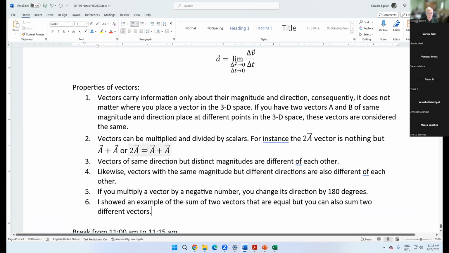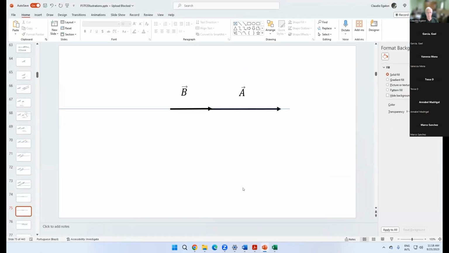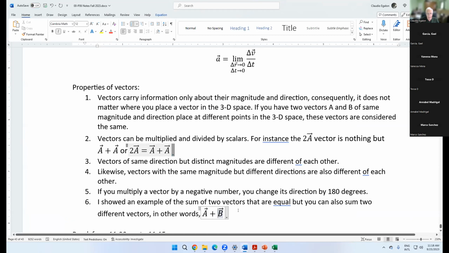You can have A plus B. How do we sum vectors?